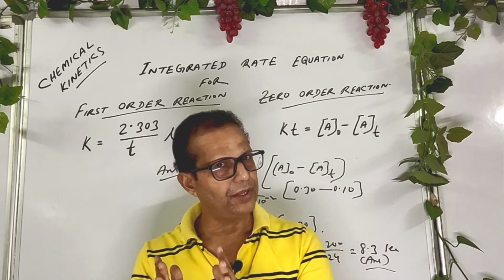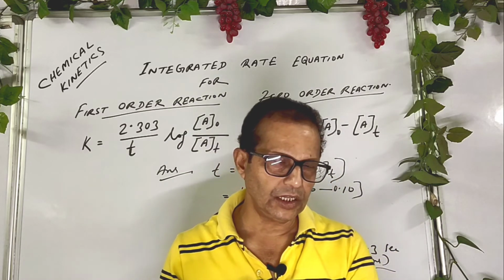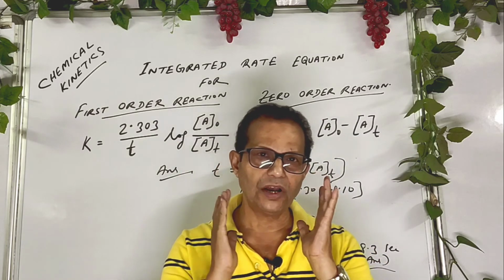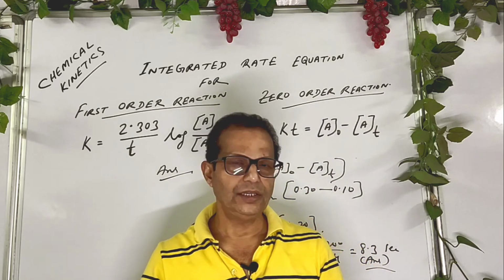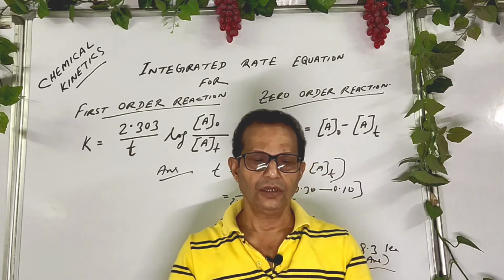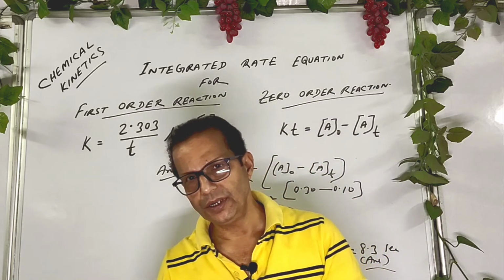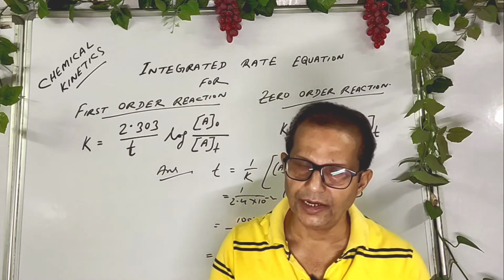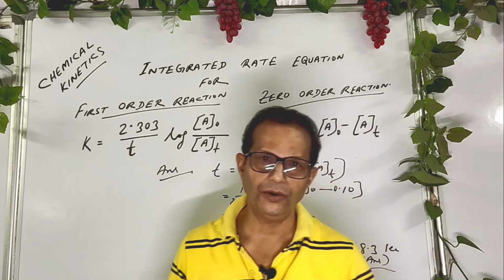For first order reaction, the half-life period is independent of the initial concentration of reactant. But for zero order reaction, the half-life period is directly proportional to the initial concentration of reactant.